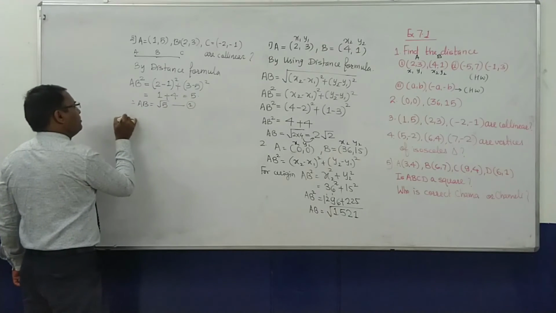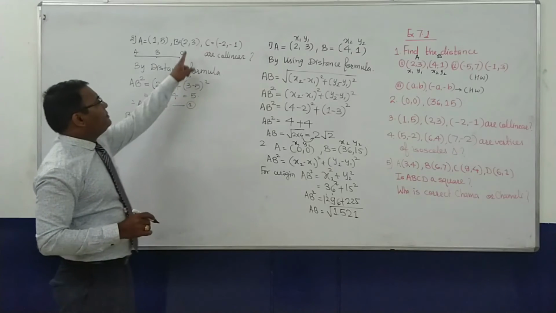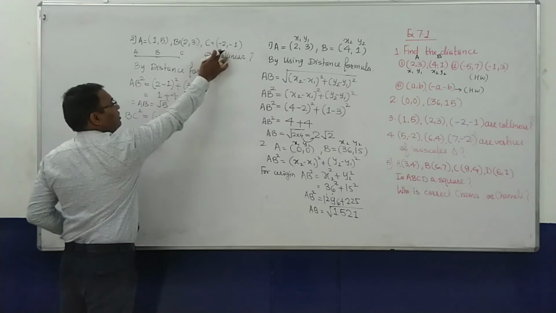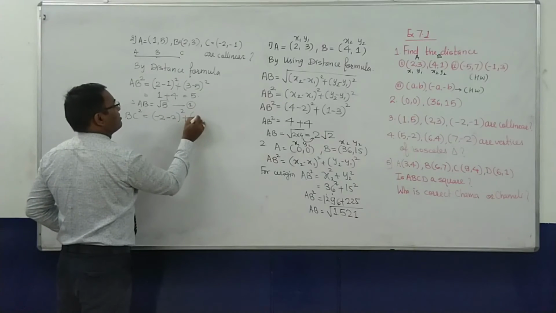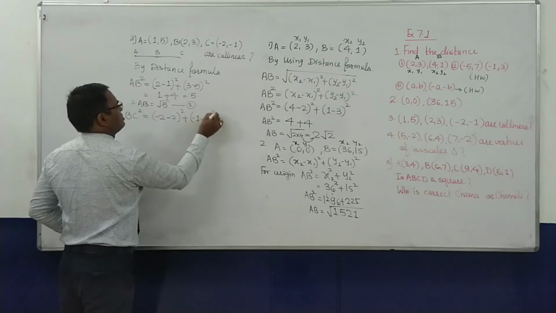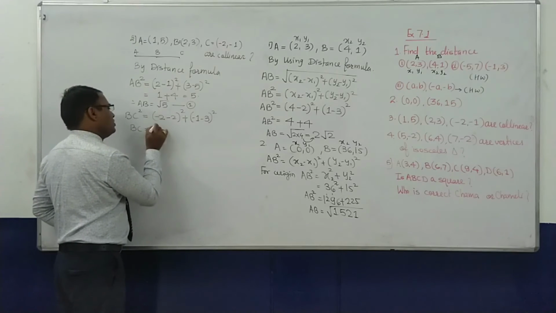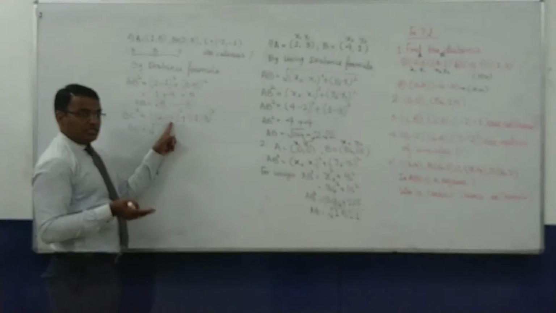This is equation 1. Now we'll find out BC square. B and C. So it is (minus 2) square plus (minus 1 minus 3) square, x2 minus x1 again. So your BC will be equal to under root. Minus 2 and minus 2 is minus 4.